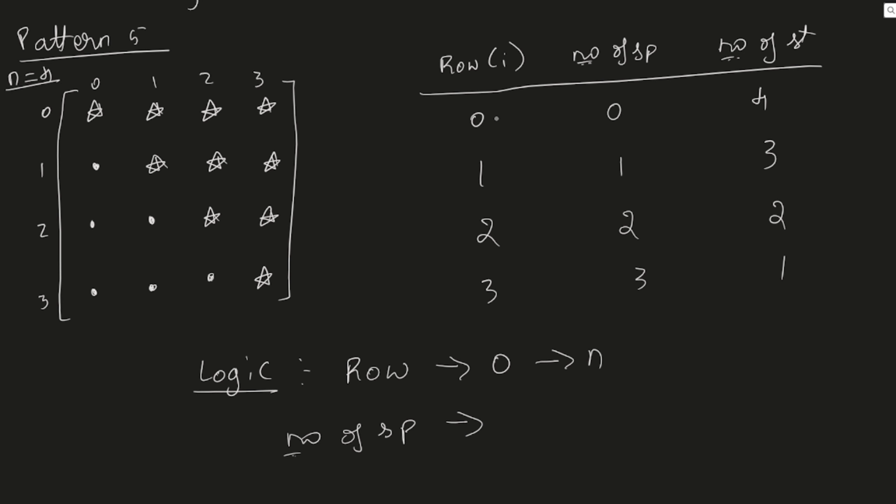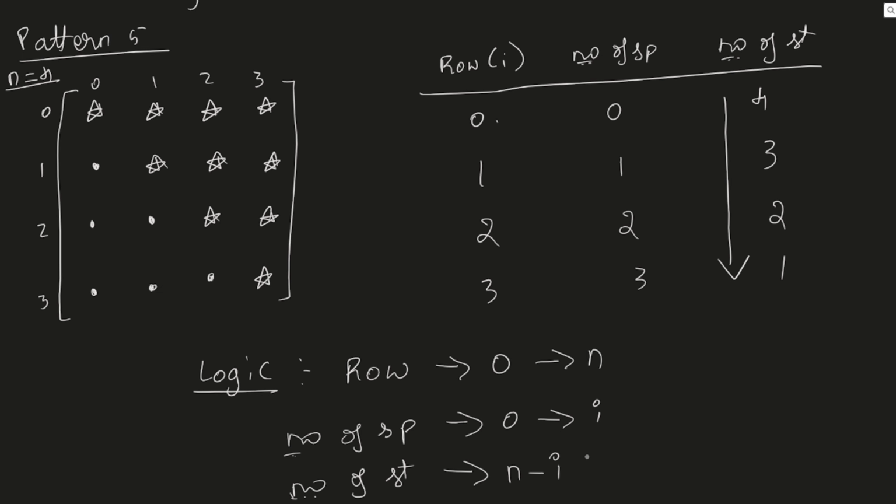It is the same as the value of I. So this for loop should go from 0 to I. And for number of stars, we have already seen this kind of numbers where the numbers are getting decreased for every iteration of row. So what we can do is we can just subtract the value of I from n.